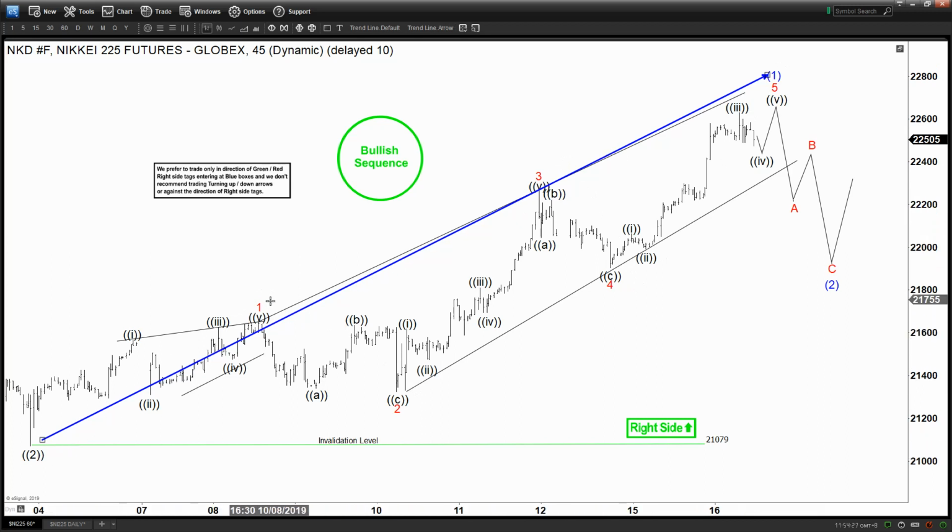So we get this 1, 2, 3, 4, 5, which should be ending wave 1 of 3. Then from that point on, we should be getting a pullback, and we do not like selling this pullback, by the way.